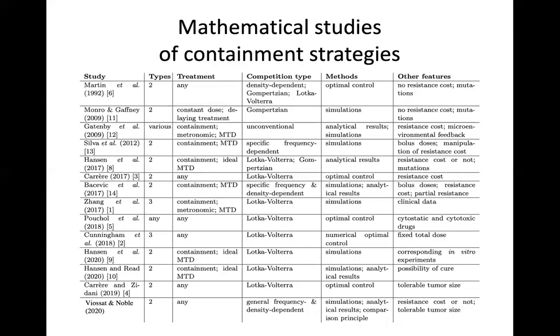But a colleague and I decided to try to see if we could generalize these previous models, because as you can see by the competition type here and the methods, all of these are really very particular models. We wanted to establish whether there was some general class of models which has the same properties that have been established in these particular cases.